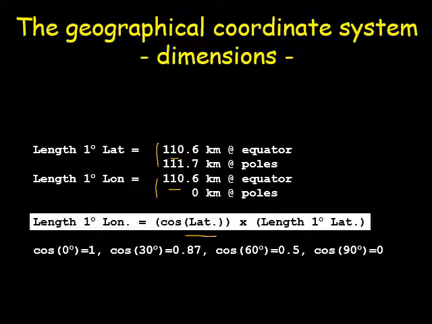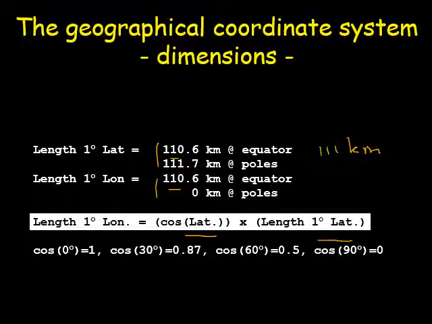So you take the length of 1 degree latitude, and we can take that in general as 111 kilometers. And then you have to know the latitude, which is usually given in degrees north or south, so anything between 0 and 90 degrees.